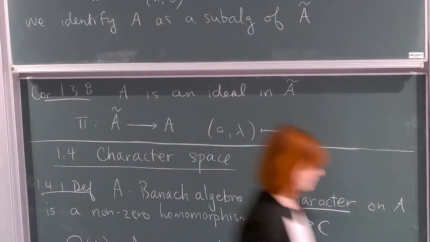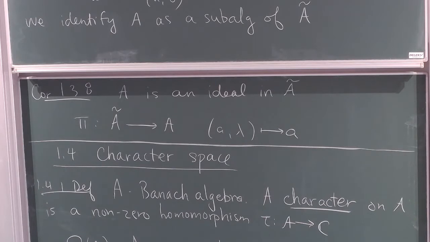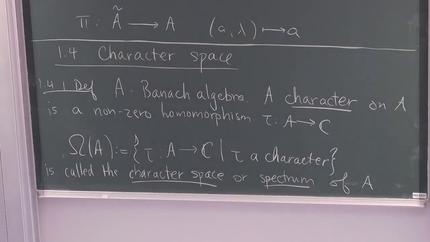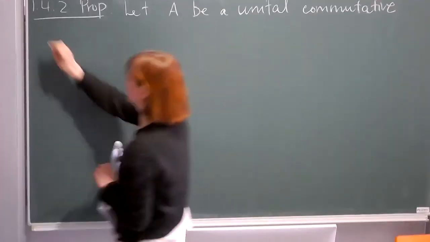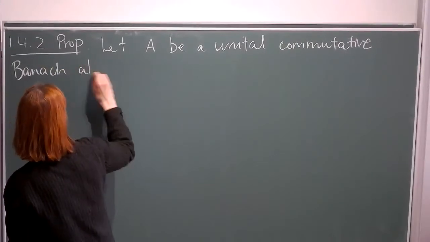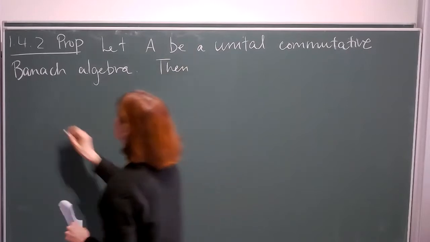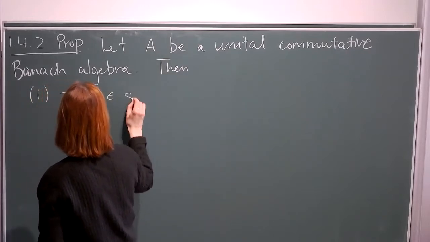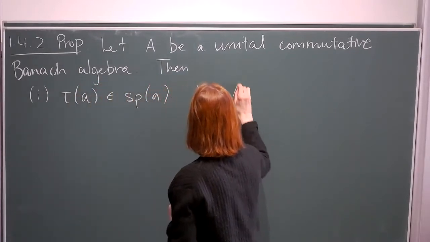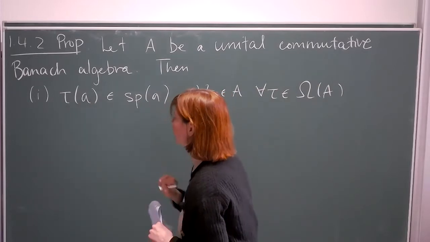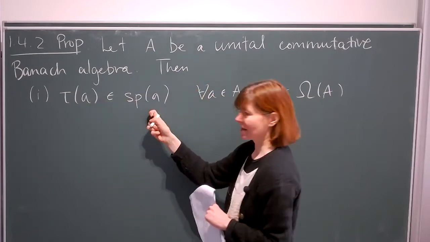So this is a pretty important object, especially when we're looking at commutative things. So we now have something that is both unital and commutative. That's important here. Then if we evaluate a character tau on an element a in our Banach algebra, then we actually get something that's in the spectrum.